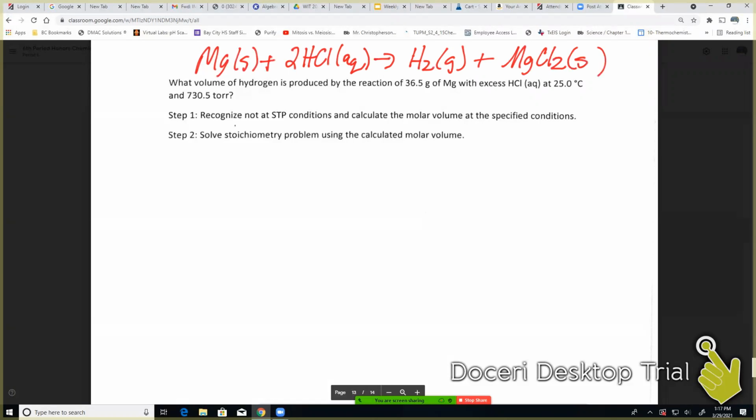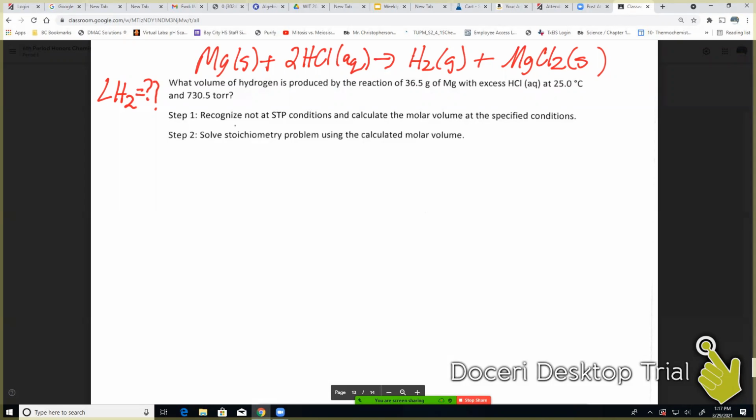All right. Same equation, and that is balanced. Okay, so let's see what we got going on now. What volume of hydrogen? So once again, my unknown is going to be liters of hydrogen. That's going to be my unknown. It's supposed to be 2 question marks.